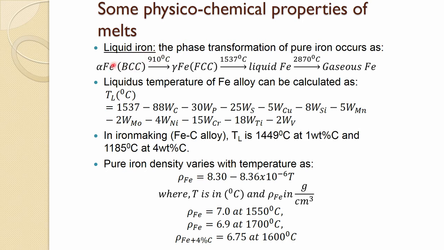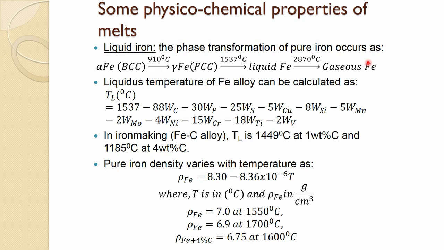At 900 degrees Celsius it is converted into gamma iron, and at 1537 degrees Celsius, as you keep on heating, it converts into liquid iron. So, this is the melting point of the iron, and if you heat it further, then at 2870 degrees Celsius it becomes vapor or gaseous iron.